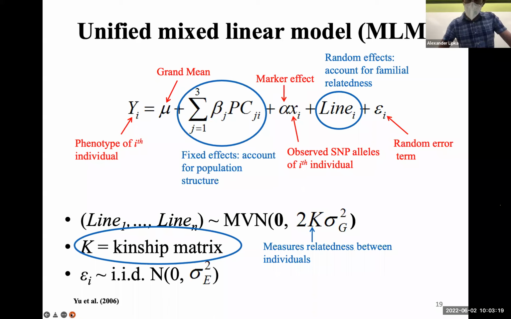Okay, so really quick question. On slide 19, if the information of PC, observed SNP alleles, and line are all from the genome marker data, won't this cause a multicollinearity problem in the regression analysis? Fantastic question.